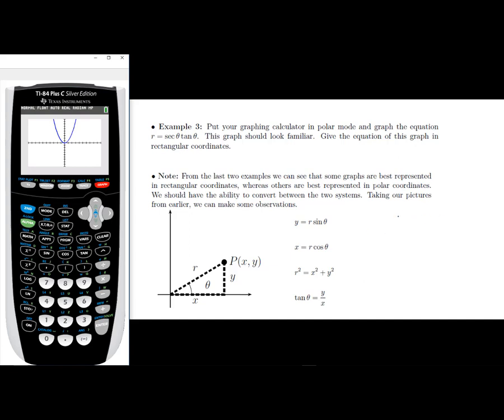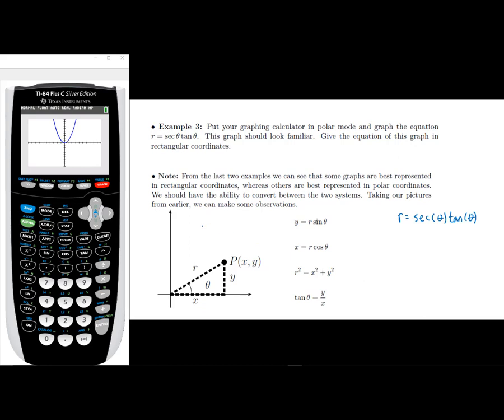So I have r is equal to the secant of theta times the tangent of theta. Now let's think about how rectangular coordinates and polar coordinates relate to each other. If I superimpose the two pictures from our second slide together so that rectangular coordinates and polar coordinates variables are showing on the same picture, it becomes clear that really trigonometry is the key to understanding the relationship between rectangular and polar coordinates, right?